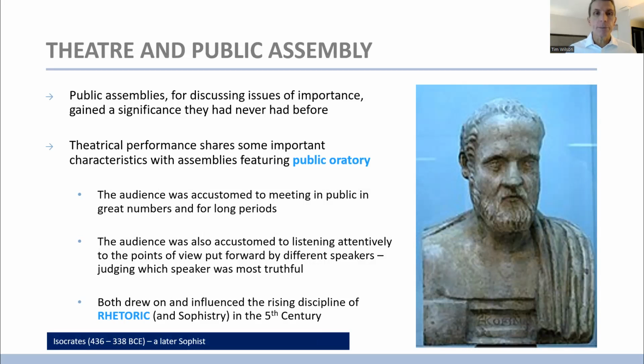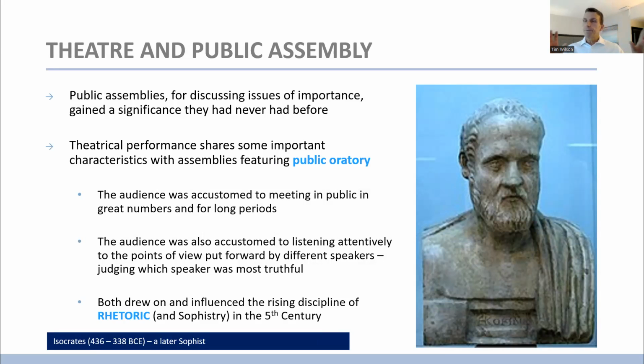So theatrical performance shares some important characteristics with assemblies featuring public oratory. The audience is accustomed in both formats, in both the theater and in the assembly, to meeting with other people for long periods, to listening attentively to the points of view put forward by different speakers, trying to judge which speaker was the most truthful.